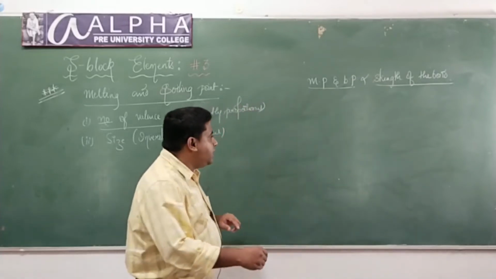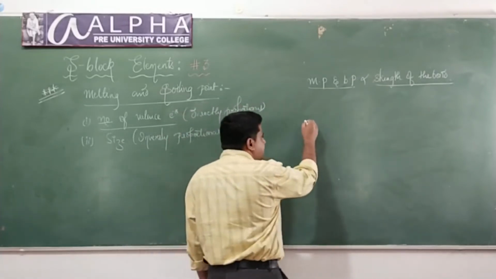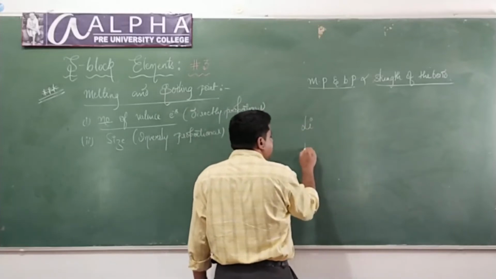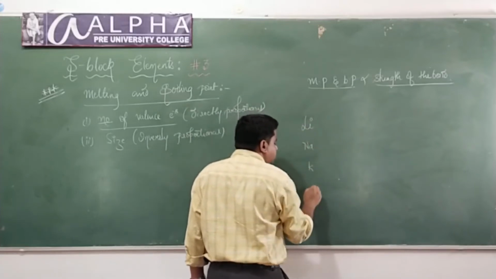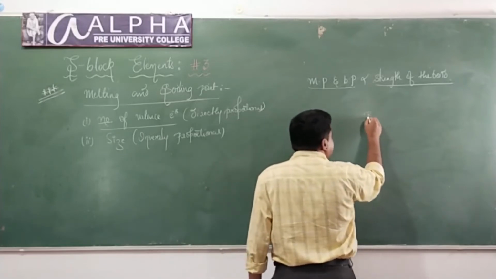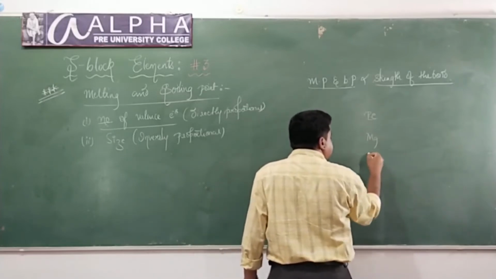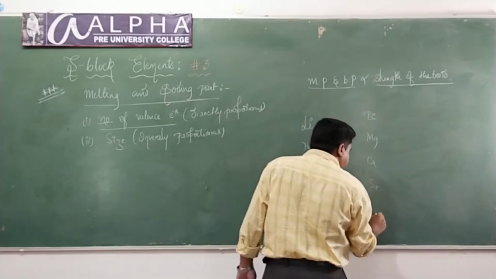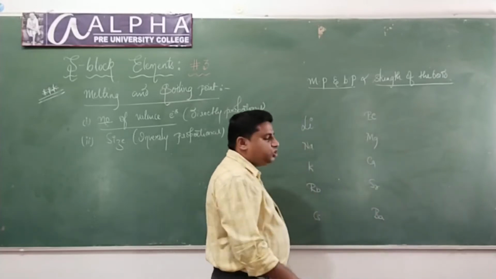Look here, I am going to consider alkali metals, that is lithium, sodium, potassium, rubidium, cesium, and alkaline earth metals, beryllium, magnesium, calcium, strontium and barium.